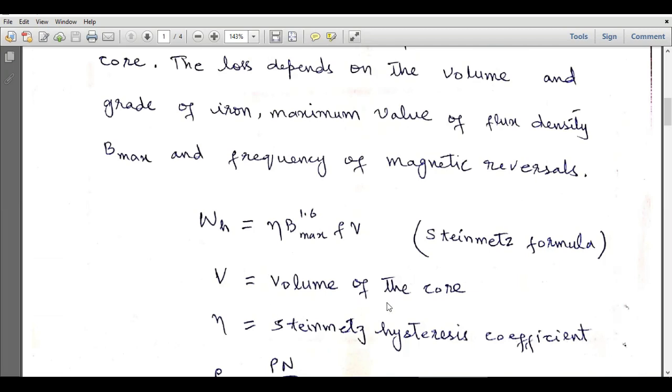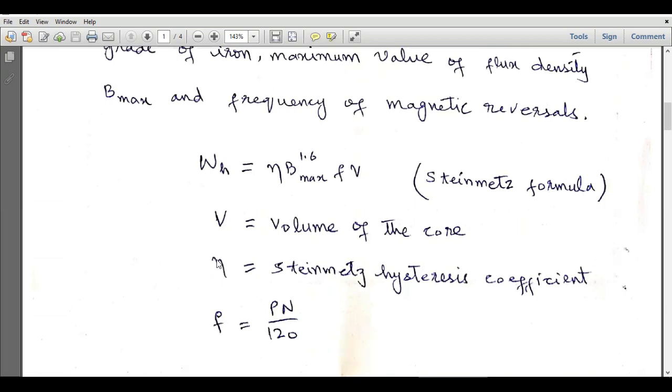Here V is the volume of the core, eta is the Steinmetz hysteresis coefficient, and this is a material specific quantity. F is the frequency of magnetic reversals, and mathematically F is equal to Pn divided by 120.